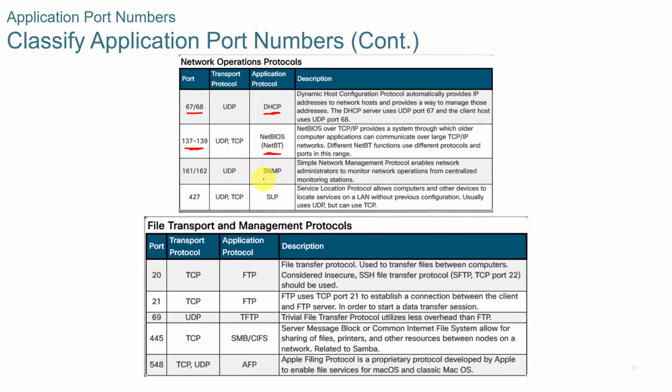The Simple Network Management Protocol, or SNMP, uses 161 to 162. SLP uses 427. FTP uses 20. TFTP uses 69. SMB, or Server Message Block, uses 445. And Apple Filing Protocol, which is proprietary to Apple, uses 548.